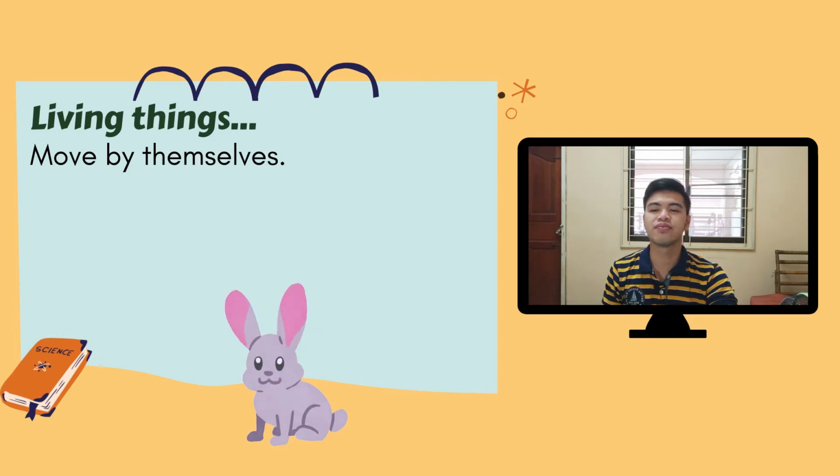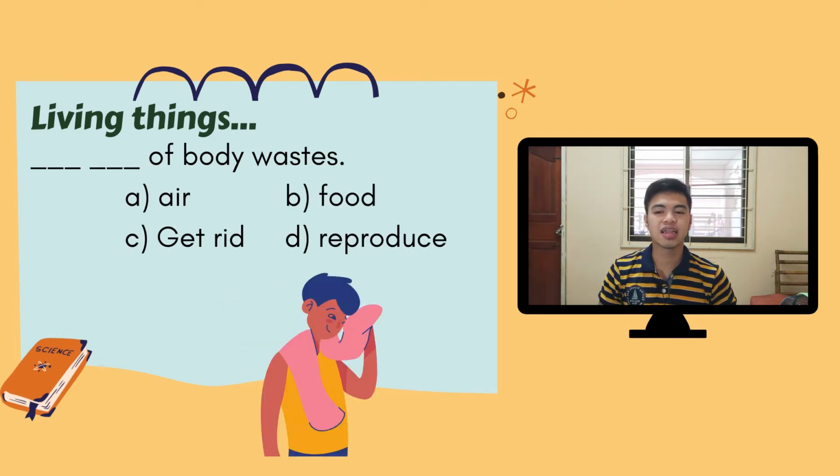But there's more. Blank. Living things blank of body wastes. Is it A, air, B, food, C, get rid, or D, reproduce?